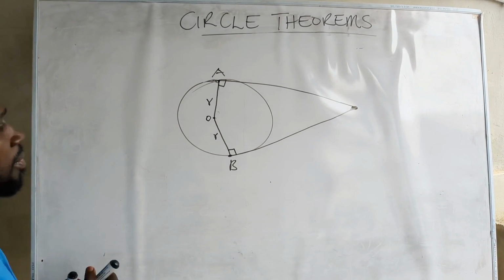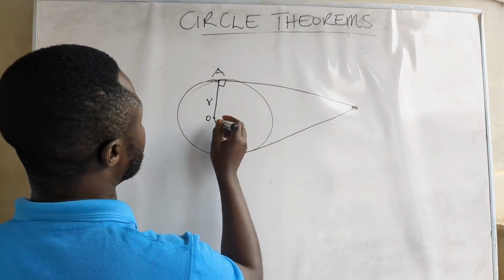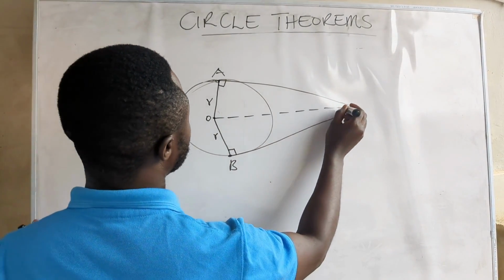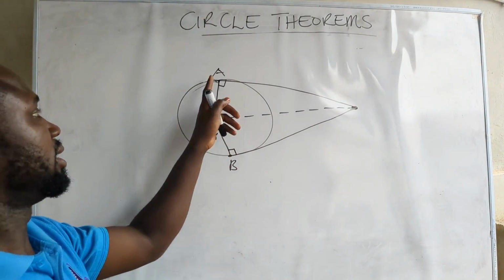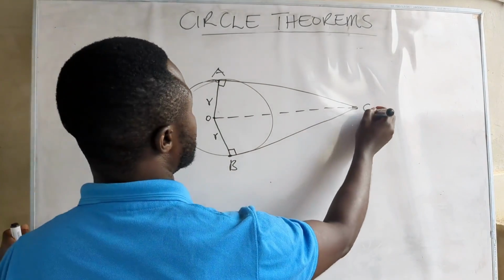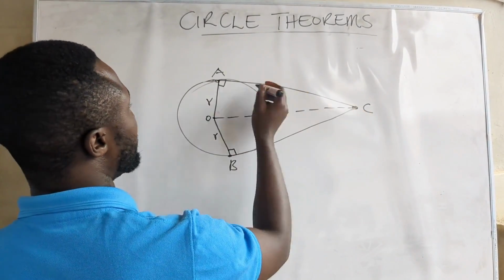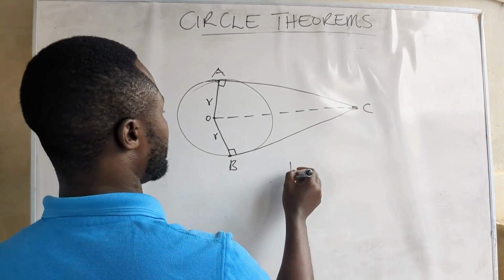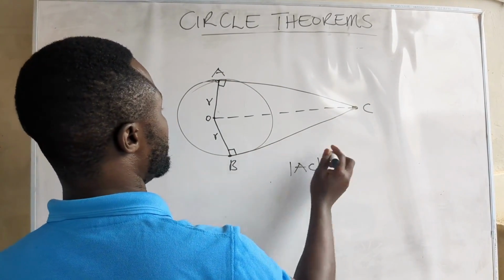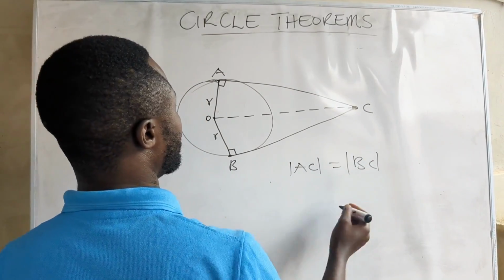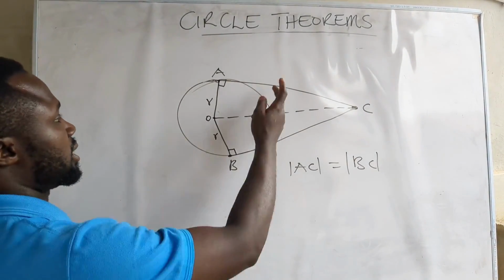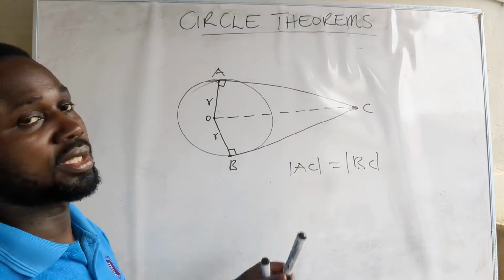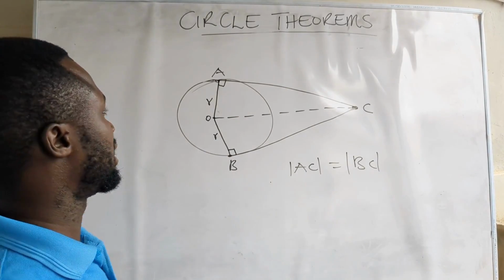And then what we should note is that because they are coming from the same point, from A to C is going to be equal to from B to C. So this line is the same as this particular line.